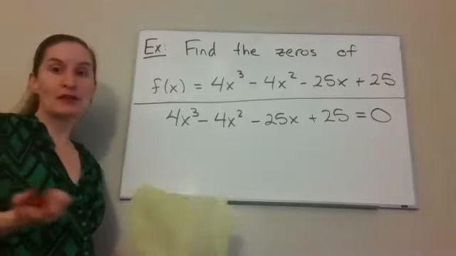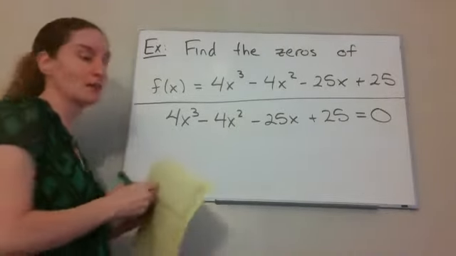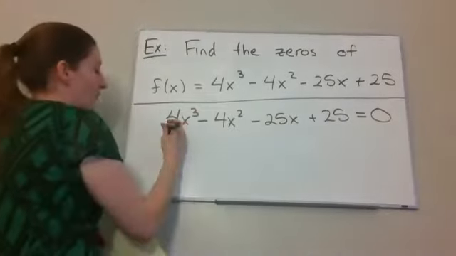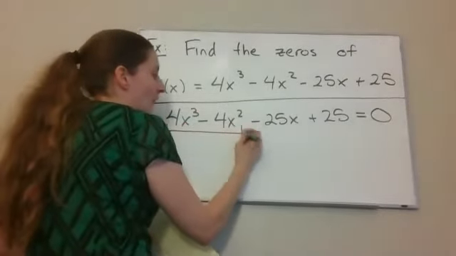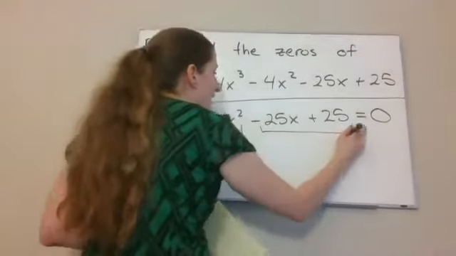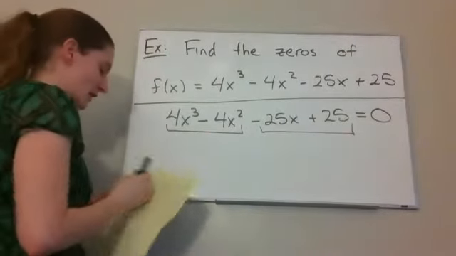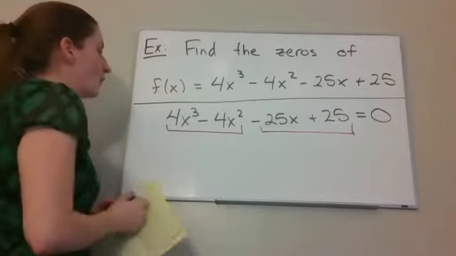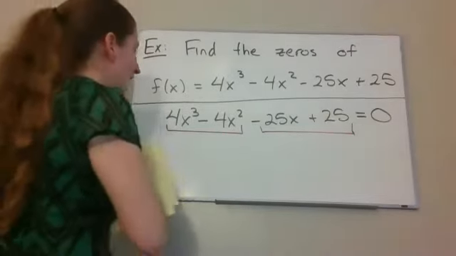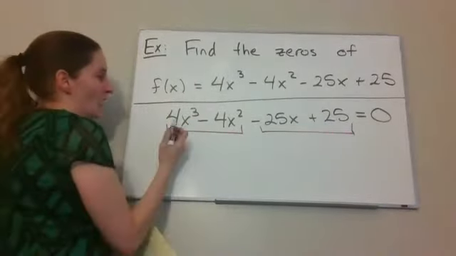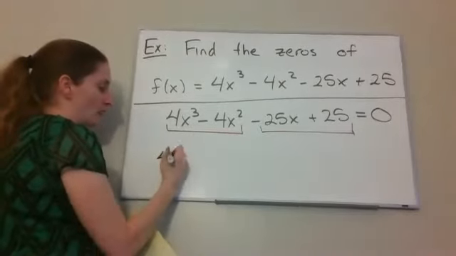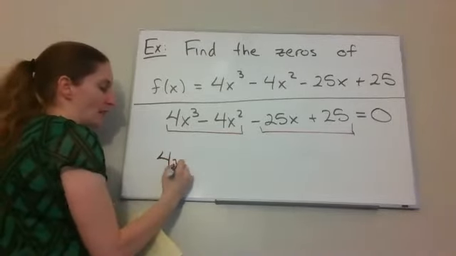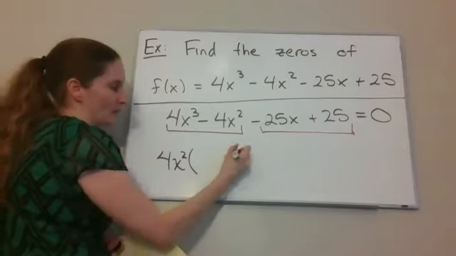Well, I personally would factor it, and I would factor by grouping. So I'm going to look at just these two first, and then look at the next two. When I look at my first two terms, I'm going to figure out what the greatest common factor is and factor it out. I see they both have a 4 in common, and they also both have at least an x squared.